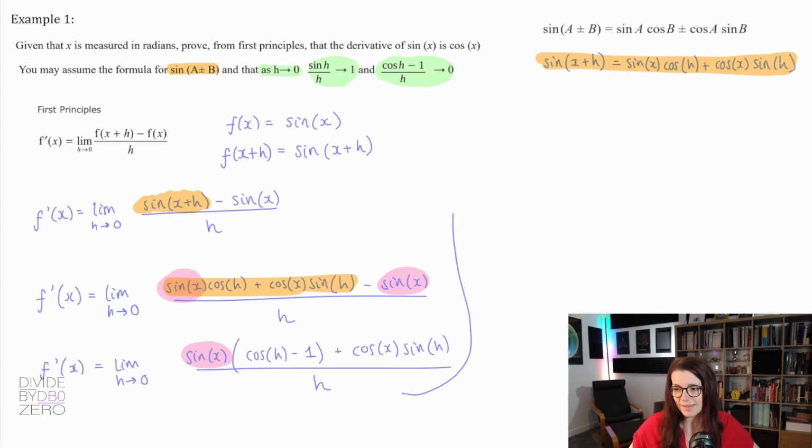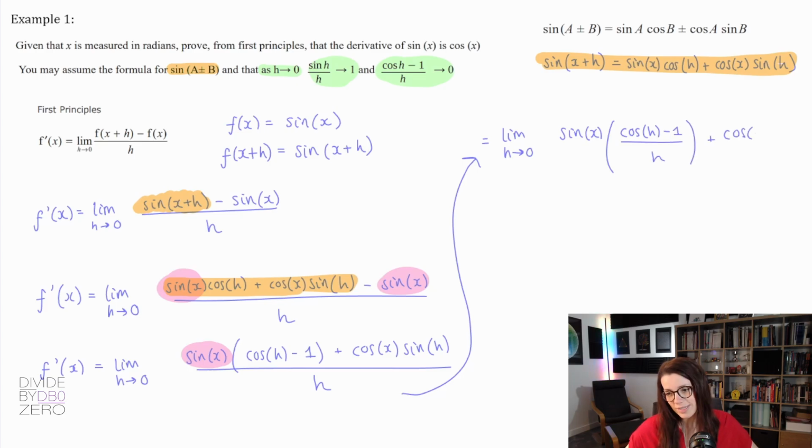From here, we can now write this as the limit as h tends towards 0 of sine x, big brackets, cos h minus 1 over h, plus cos x sine h over h. The reason I've done that is to split up the terms so we can use the facts from the question.